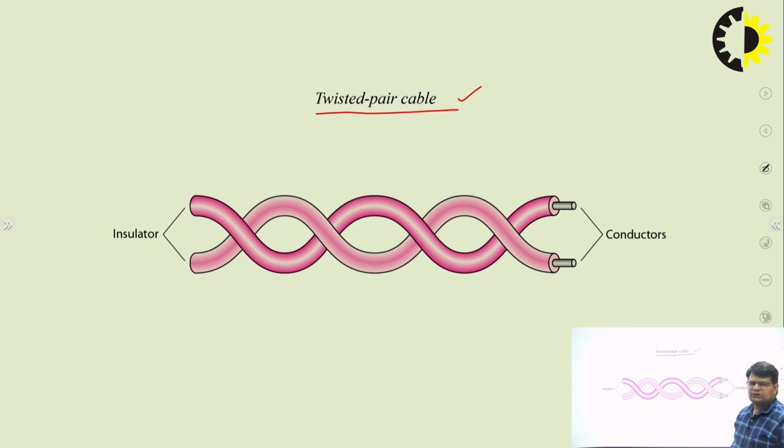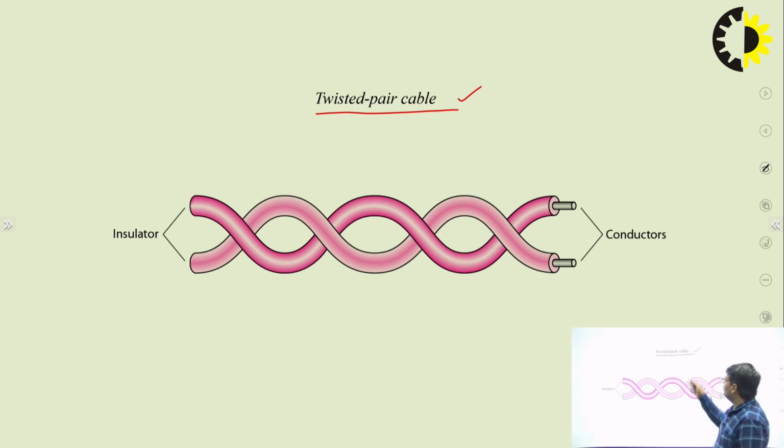Twisted pair cable is the simplest, and is particularly used when the data requirement is very small, or we can say the bandwidth required is very little, or when we have to transmit data at a very low speed.